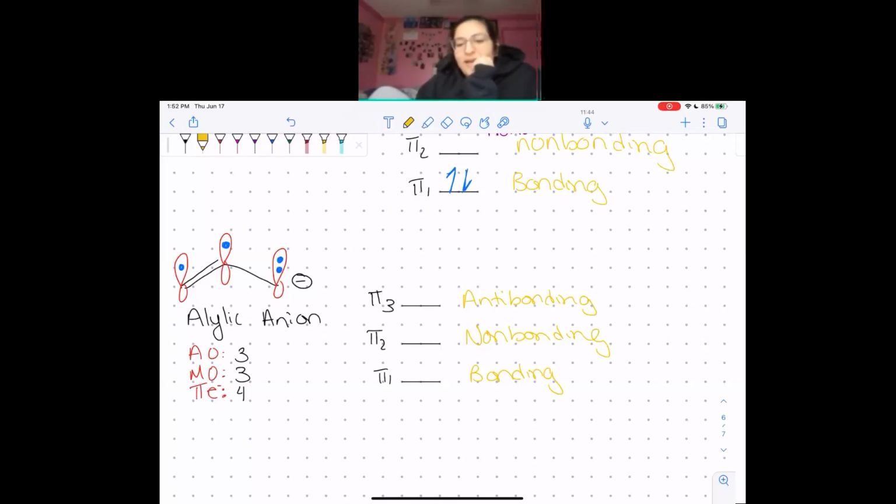Yes, because now we have 3 orbitals, which is an odd number. Absolutely. And what's the second piece of that? So why is it important that we have an odd number?